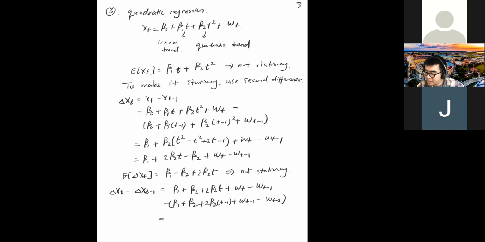If you solve this, it is 2 beta 2 plus wt minus 2 wt minus 1 plus wt minus 2. So again, all these things are white noise, and this is constant. And we know that a linear combination of stationary processes is stationary. So that means if we take the second difference of this quadratic regression, we will get a stationary model.